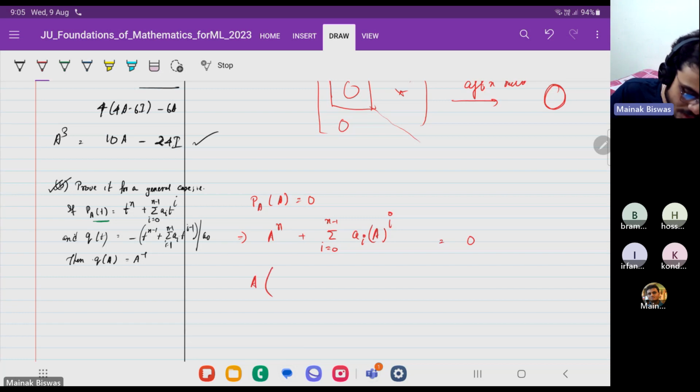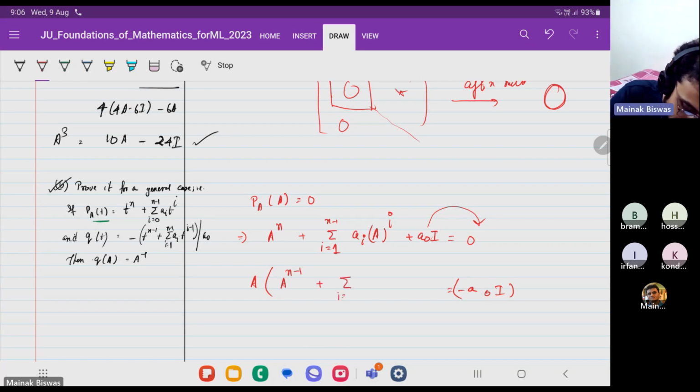So we'll take A common, but we will have to be a bit careful. We cannot take A common directly because we also have a0, so we can do something like this with I, right? So what will I do now? I'll take this to the right and I will have minus a0 I, and then I'll take A common as Ritik is telling me.